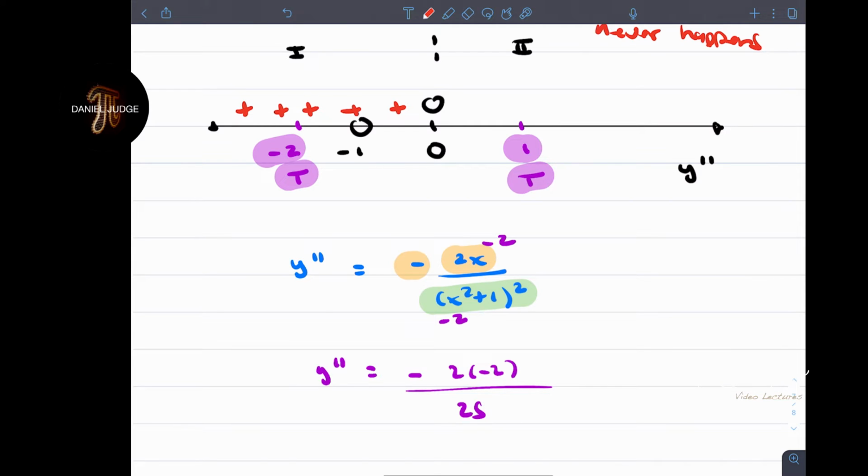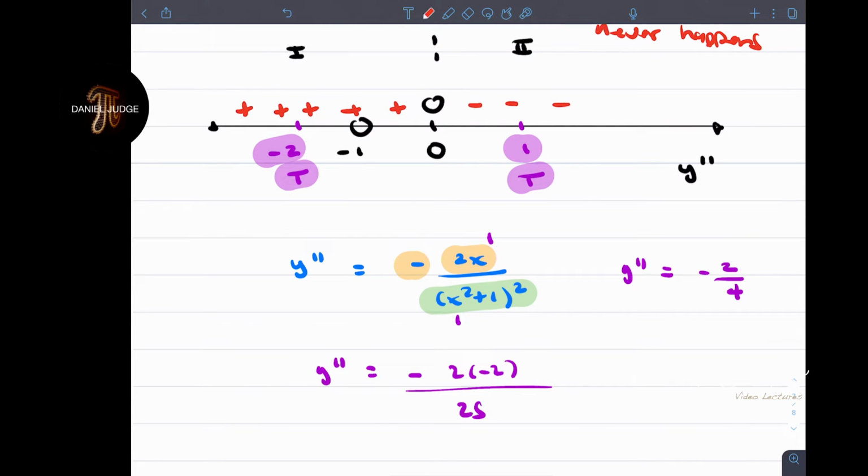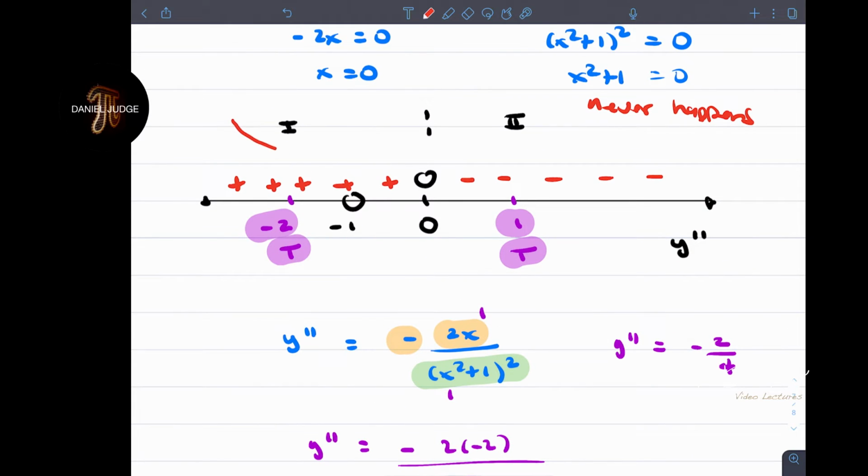We're going to plug in 1 now for a test point. And you're going to get a negative value. So that second derivative is negative. So it looks like it'd be -2 over 4. The point is, it's actually negative. So we have concave up, and we have concave down.